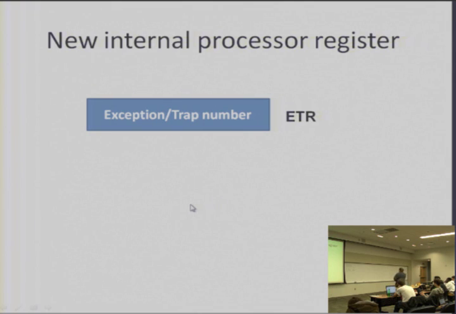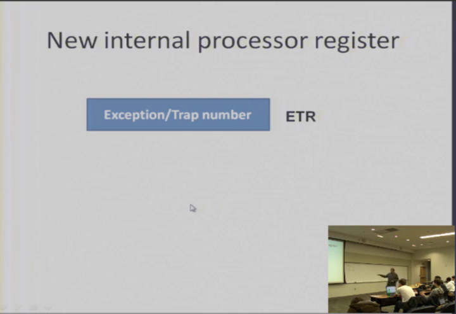That register is what is called the ETR register, a new register that we're adding to the LC2200. This is internal to the processor architecture. You don't see it from the instruction set of the processor. It is internal to the processor in order to handle this discontinuity.